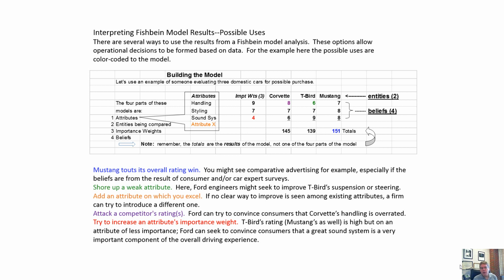The orange showing the attribute box with an added line, it just got attribute X because it can be anything on which you excel that wasn't considered in the study as shown. And here, that could be lots of different things, but it could be back to seating, or the number of options you have for exterior color, or some other customizable feature you might have, just as an example.